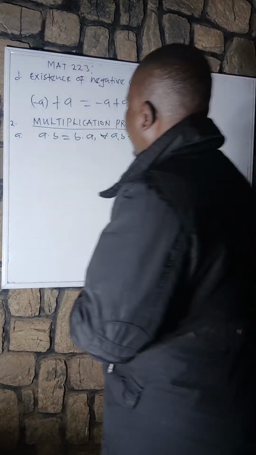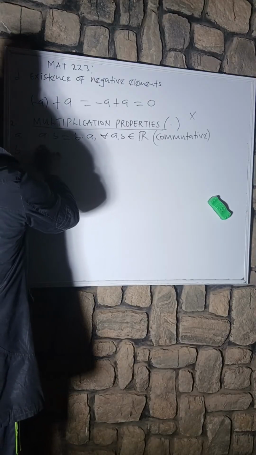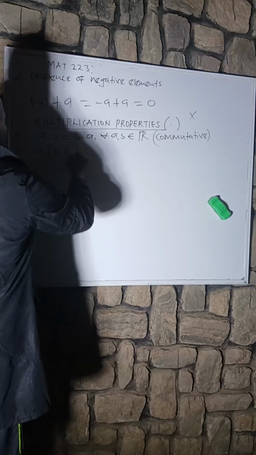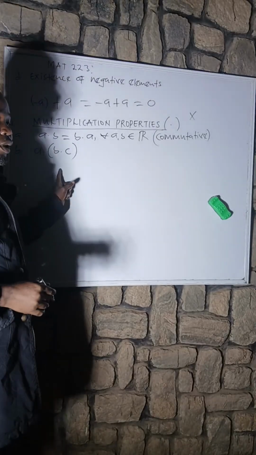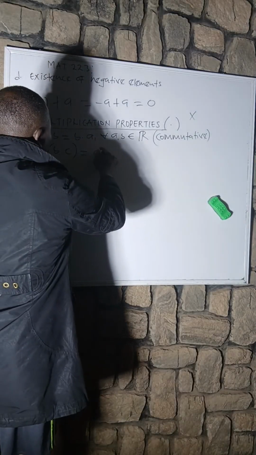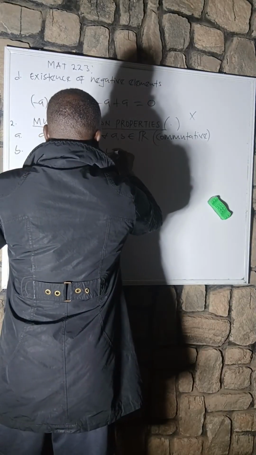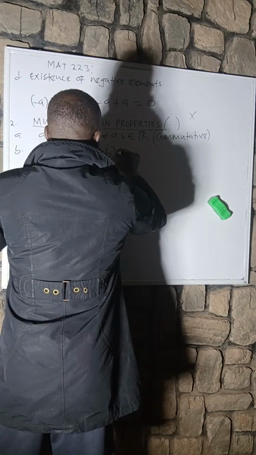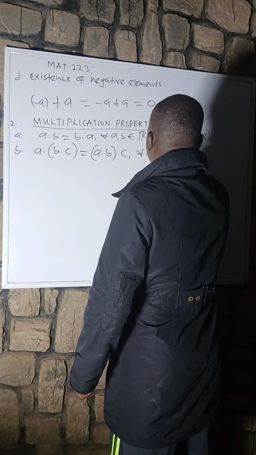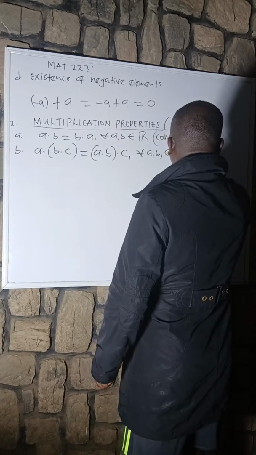True. That is B. If we have A multiply B multiply C, look at it. This is the same thing as A multiply B, times C. Therefore, for all A, B, C contained in the real numbers.